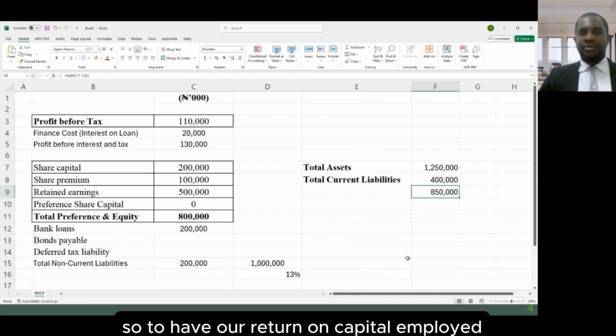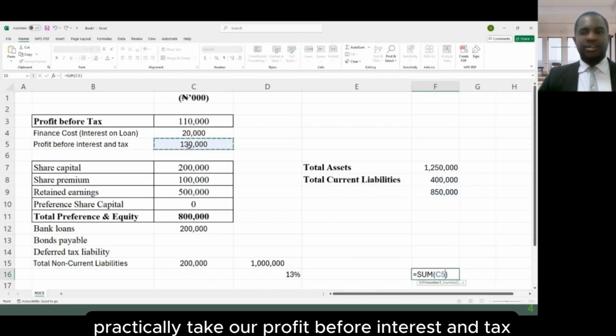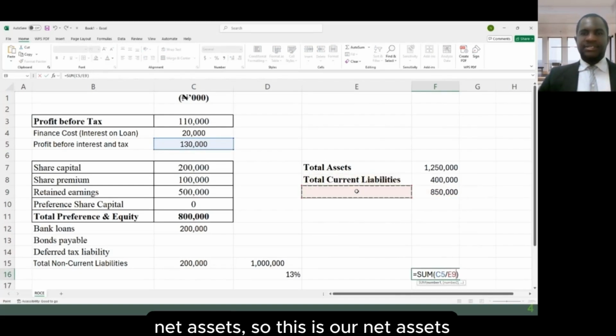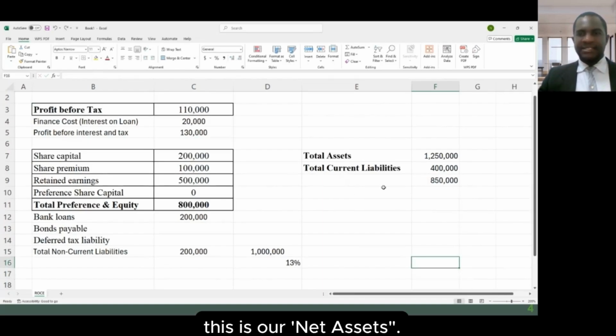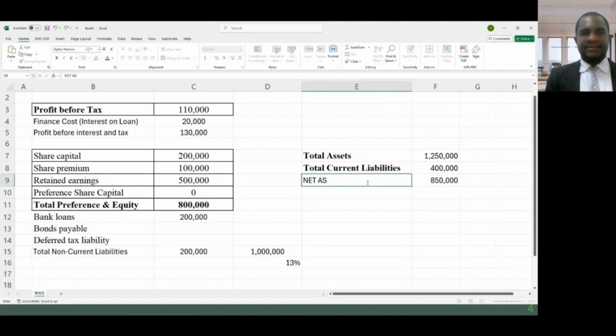So to have our return on capital employed using this variant, we practically take our profit before interest and tax divided by our net assets. So this is our net assets.